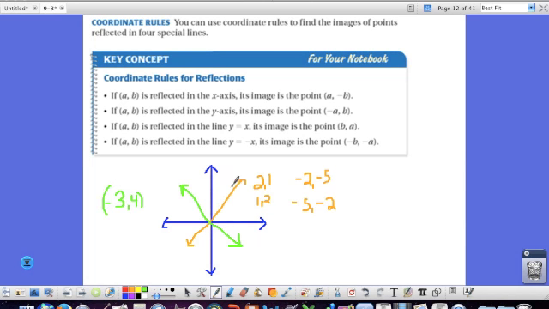When you reflect it, you're going to get -4, -3. So these numbers change, they switch order, and you have their negative, their opposite value.